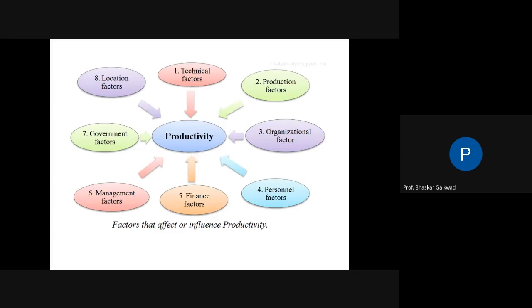Yesterday we covered technical factors, production factor, organization factor, personal factor, financial factor, management factors, government policy, and locations. If you think about location, urban and rural. If you think about the government, different types of taxes, rules and regulations. Management decisions also affect productivity.